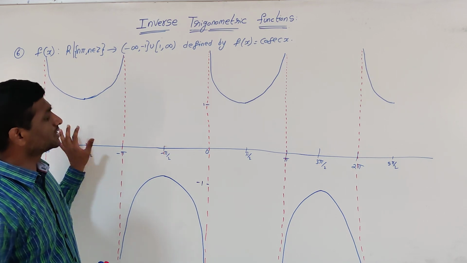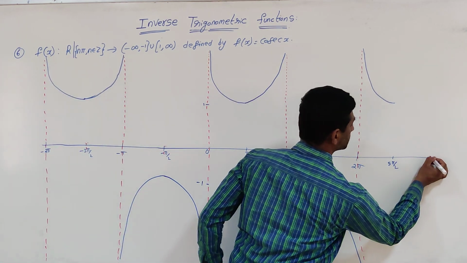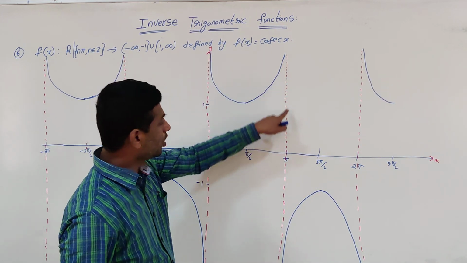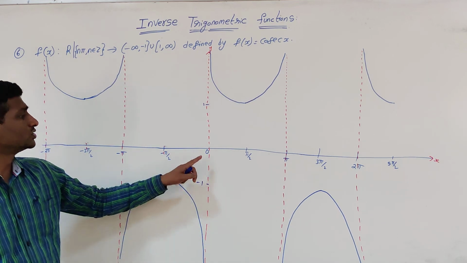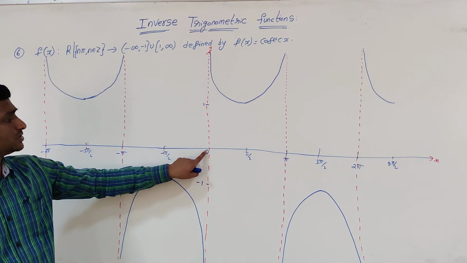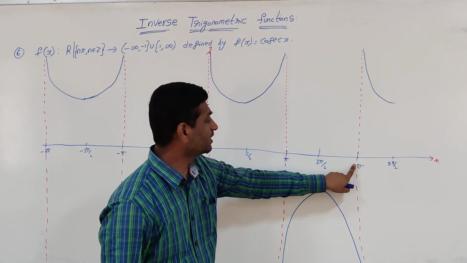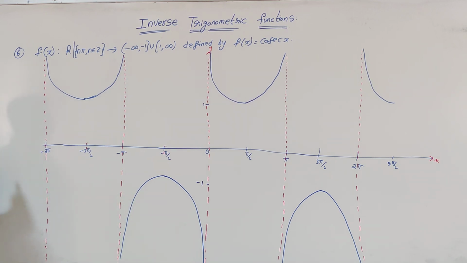In the cosecant graph, the inputs are on the x-axis and outputs on the y-axis, and the red dotted vertical lines are not defined at the respective angles. So cosecant is not defined at 0, not defined at pi, not defined at 2 pi, not defined at minus pi, not defined at minus 2 pi.